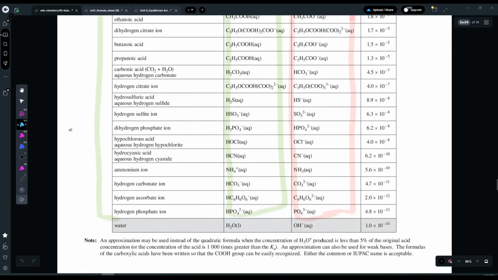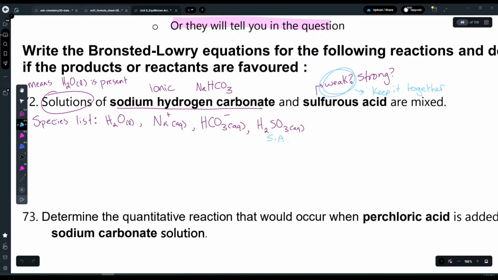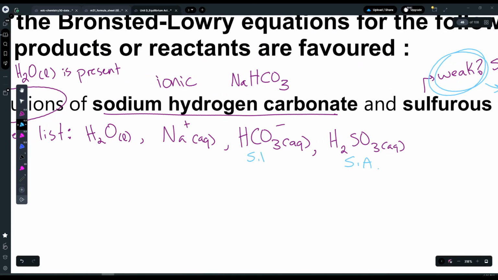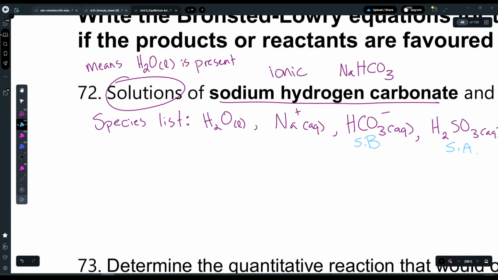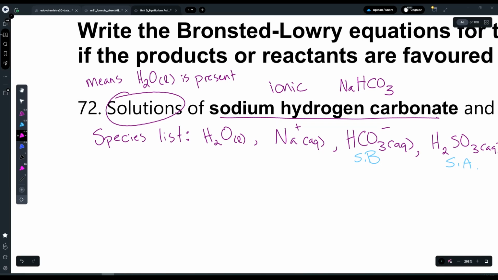So let's go to the bottom, and I'm placing my finger here, and I'm moving up the conjugate base column until I run into my first base that's in my species list. So HCO3, that was in my species list, and that was the first one that I ran into, so that is my strongest base. So now I'm going to take my strongest acid and strongest base, and I'm going to react them together.